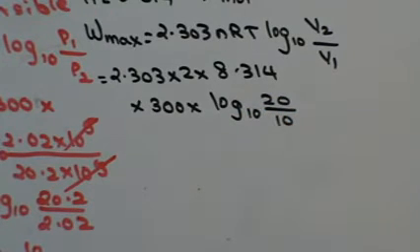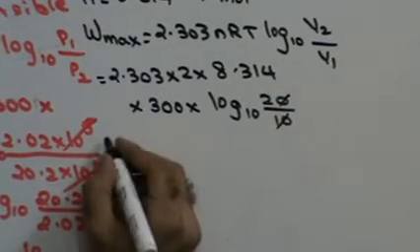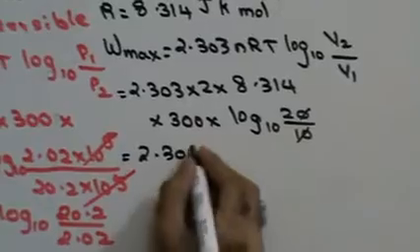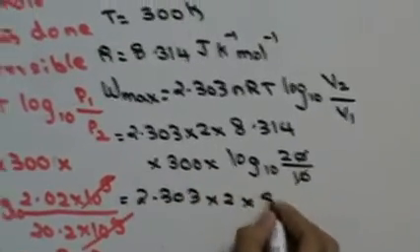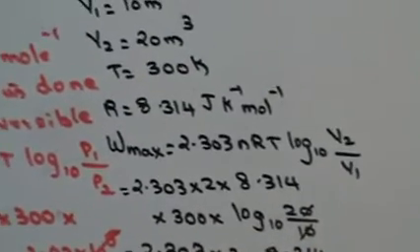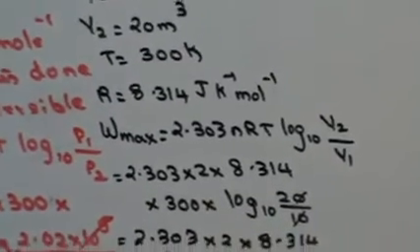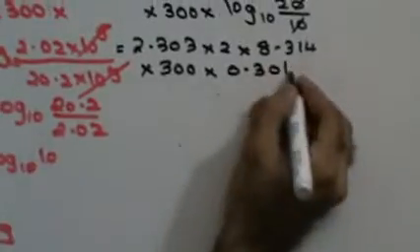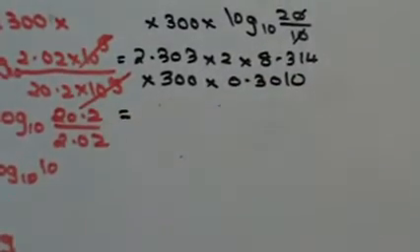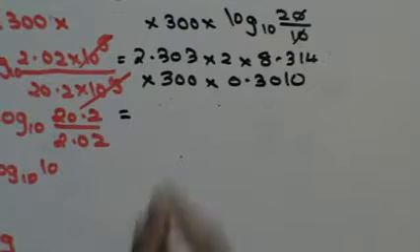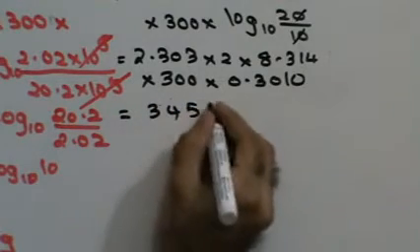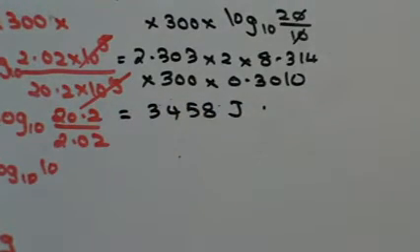The 0 gets cancelled, so this is log 2 to the base 10. So this will be 2.303 into 2 into 8.314 into 300, log 2 is 0.3010. When you multiply this, you will get the answer as 3458 joules. That is the maximum work done.